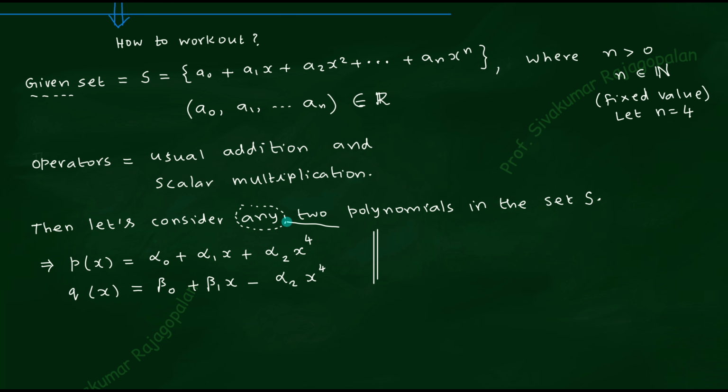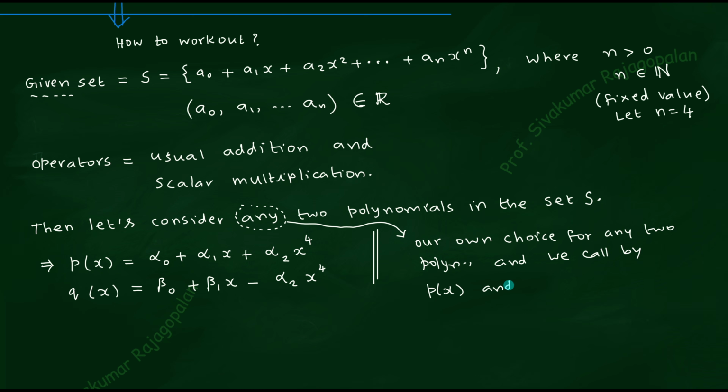Because we are considering any two polynomials, we have our choice. It is our own choice, whatever we can choose, and we are going to call them by the names p of x and q of x.